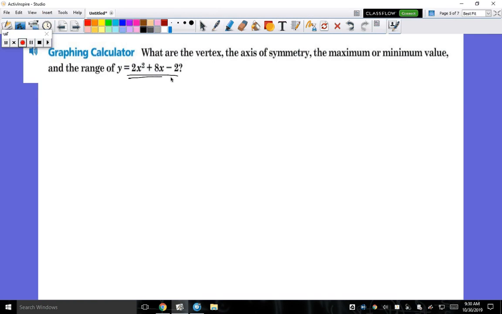When you are given something in standard form, the shortcut, I'm not even kidding, I'm saying probably 5% of people remember this shortcut. But about 90% of the time, it's tested on SAT and ACT. Okay, here we go. When you are given in standard form, the way to get the vertex very quickly is to do negative b over 2a.